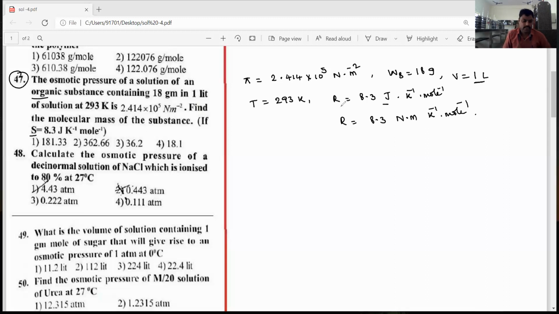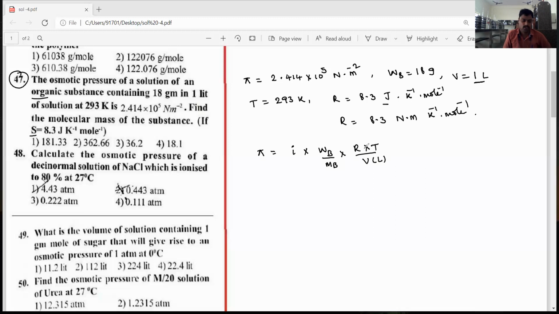Okay, dear students, listen carefully. The osmotic pressure formula is pi equals i into CRT, where C is weight by gram molecular weight of solute into RT by volume of the solution in liters.